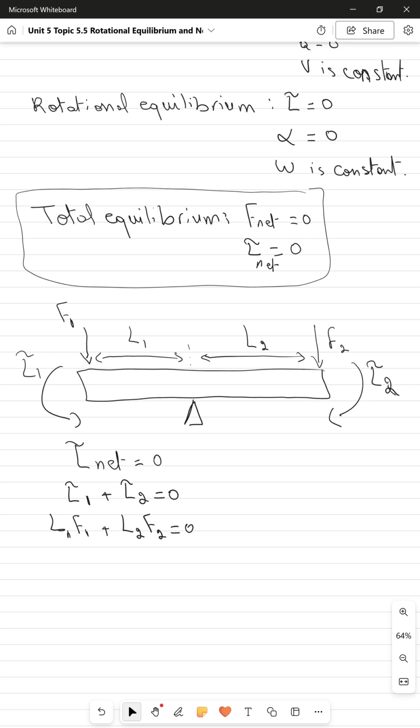From that you can find whether we want to find L1, F1, L2, or F2, as long as we always start with the net torque being 0. That's it for 5.5, which is that the net torque is always going to be 0 at rotational equilibrium.